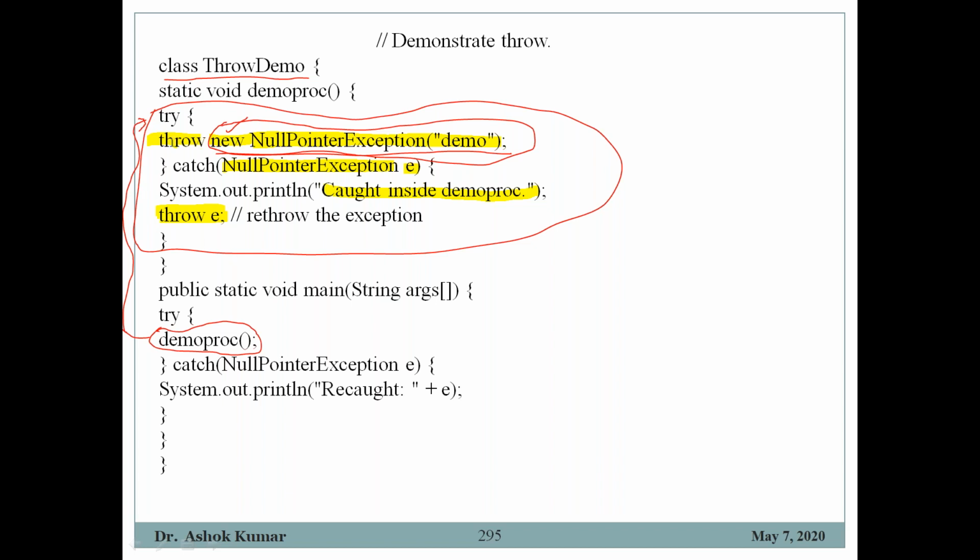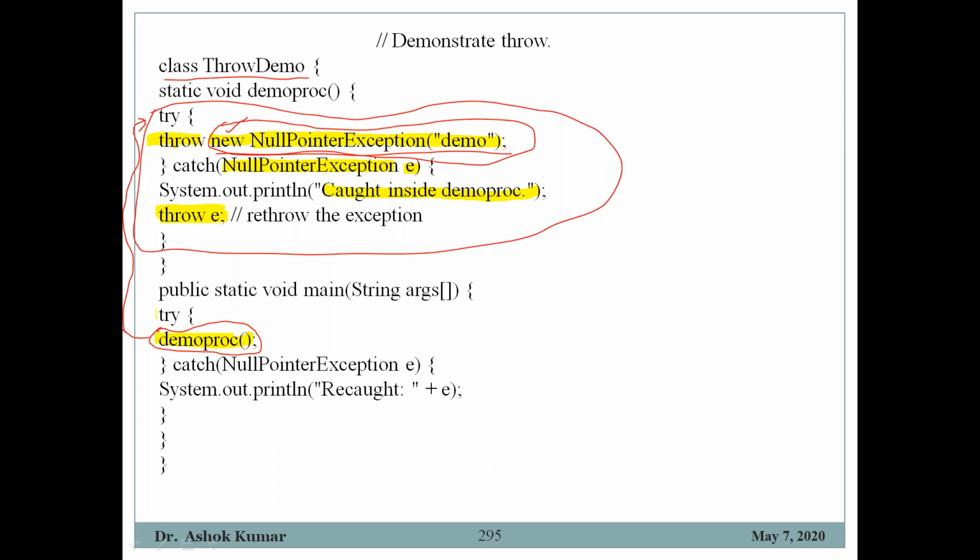Because this statement is there in the catch itself. So whenever you throw an exception in a catch, the outer catch blocks are tested for matching. The outer try is this, because this demo procedure is called within the try block of the main.